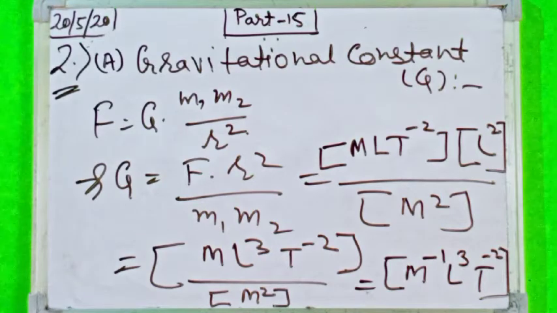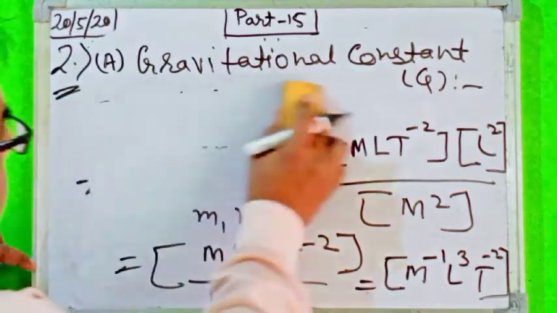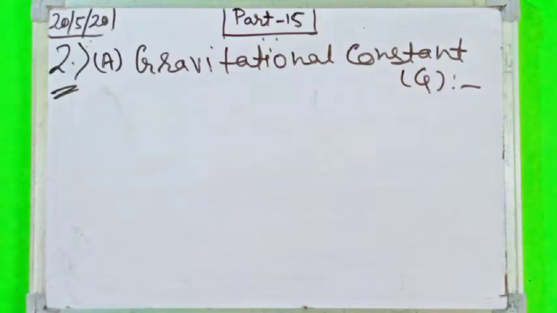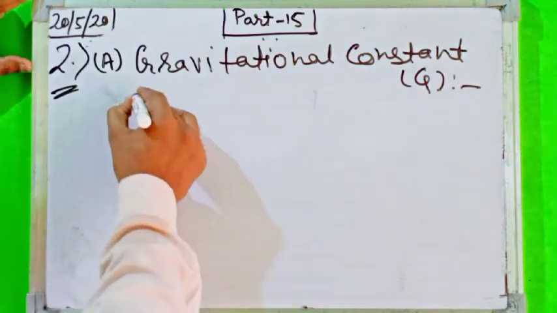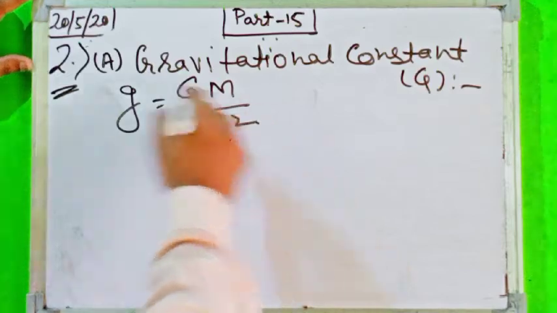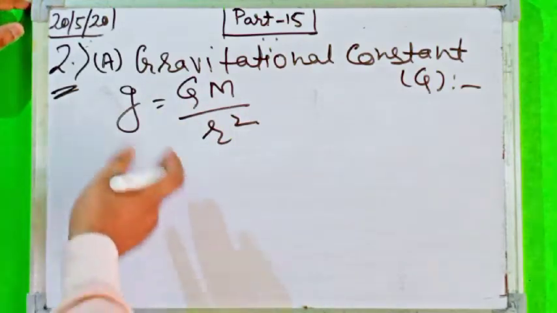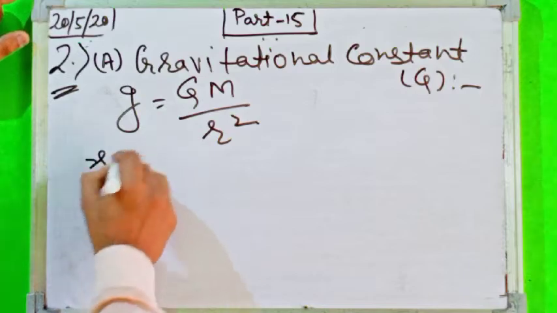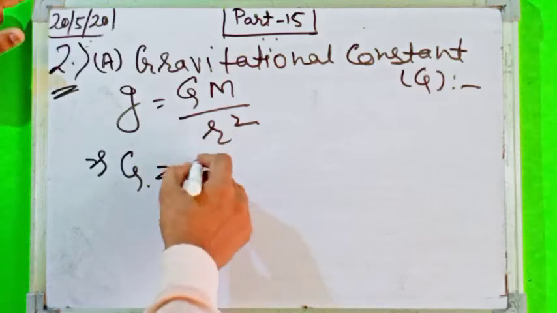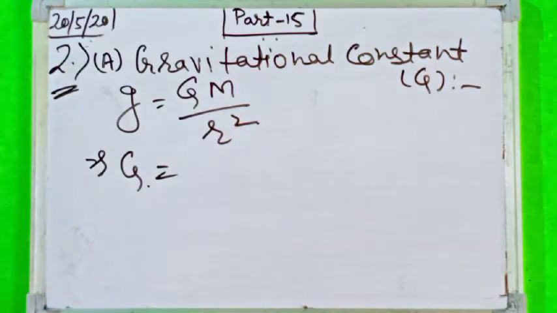Clear? The second approach can also be adopted. The second approach is from the relation between capital G and small g: g is equal to GM upon R square. From here we can find the dimensional formula for G in a similar way, and it must be the same as what we calculated in the previous case.